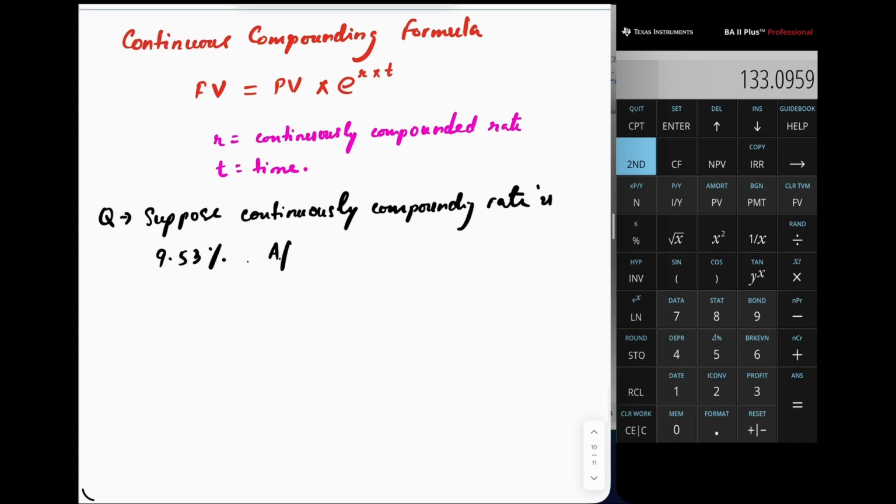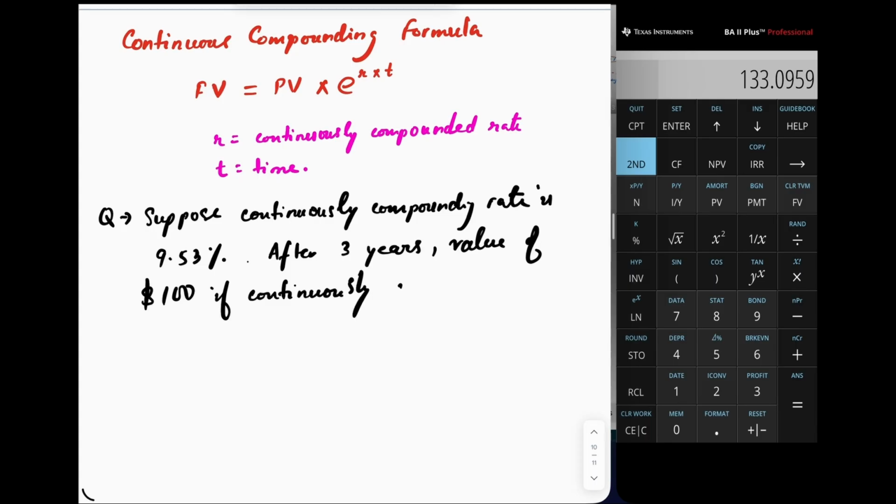After 3 years, the value of $100 if continuously compounded would become what?